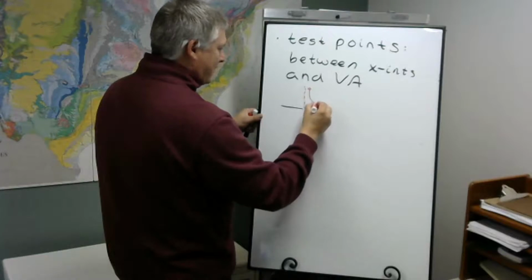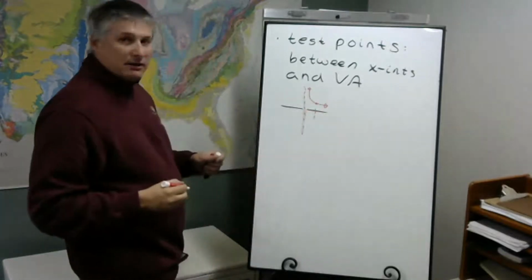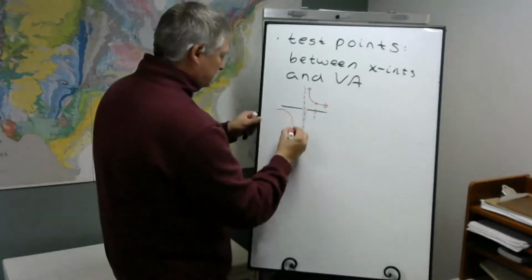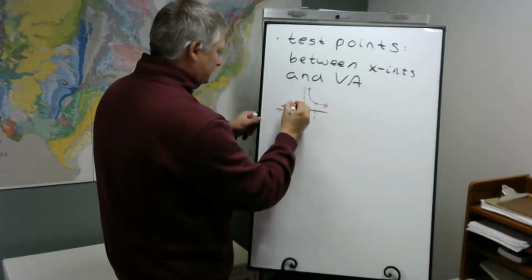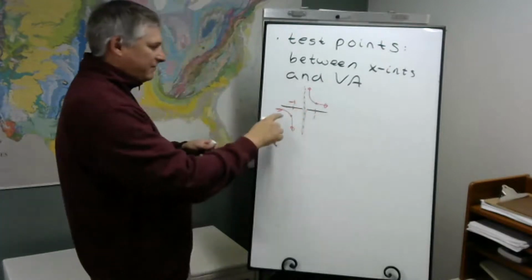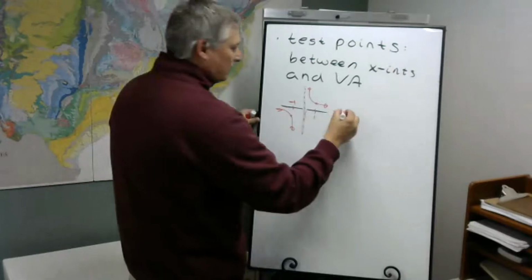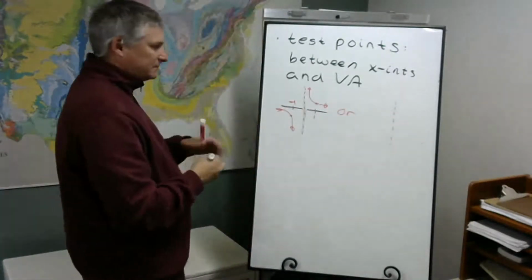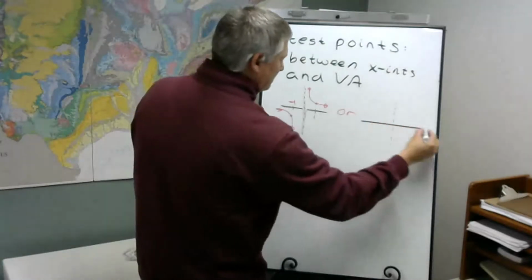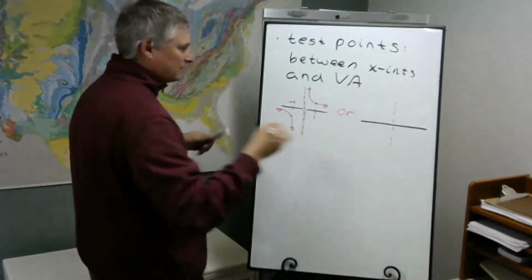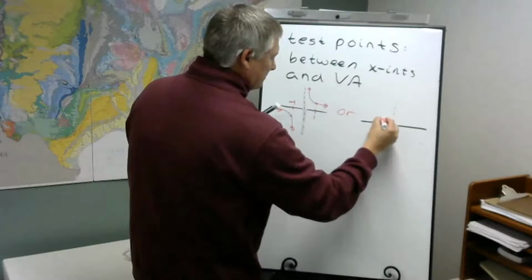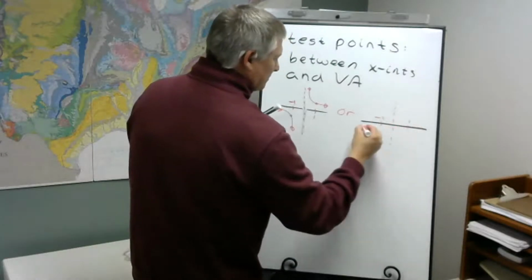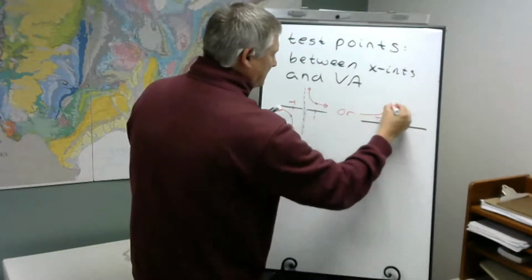We might see what's happening at x is 1 and x is -1 to see if we have this kind of a function, or if we have this kind of a function.